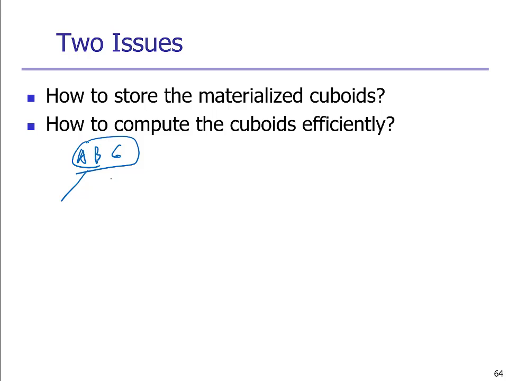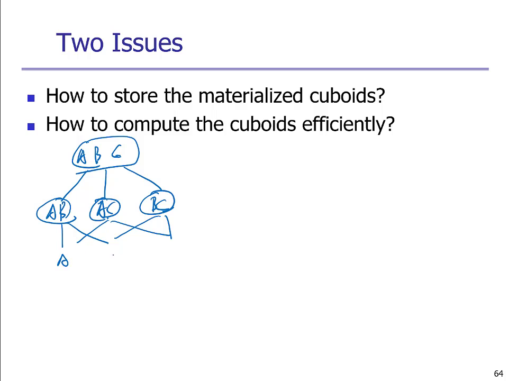We can generate the 2D cuboid, let's say BC, by doing the aggregation on one dimension. And we can further generate 1D cuboids, so this should be A, B, and C, by doing the aggregation on one dimension of the 2D cuboid.